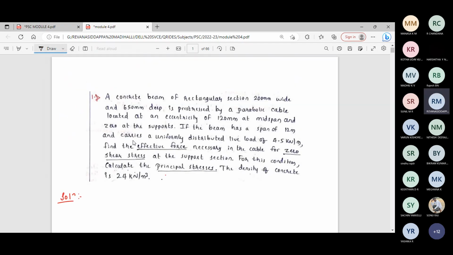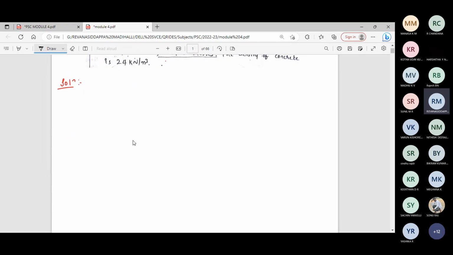What is the cross section of the beam given? 200 by 650 is the cross section of the beam given in the problem.